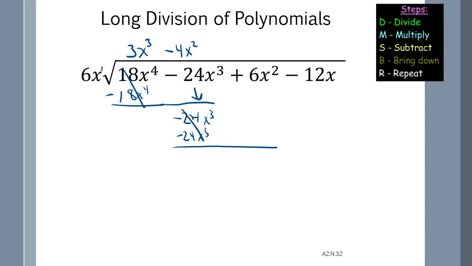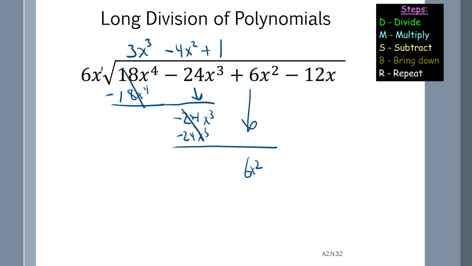And luckily, those cancel out all the way as well. And then we're left with, we're going to bring down this 6x squared. Well, for this one, now 6 goes into 6 one time and it's a positive, so 6 times 1, right? So just put a 1 right there so we know it's a 1.